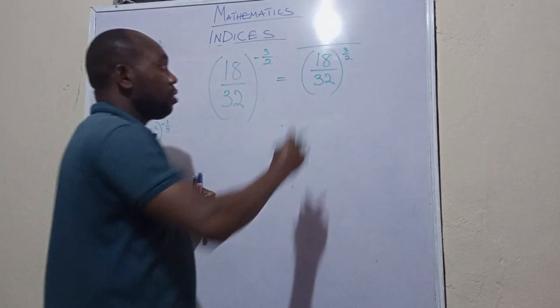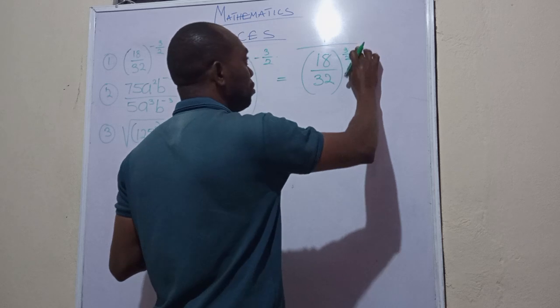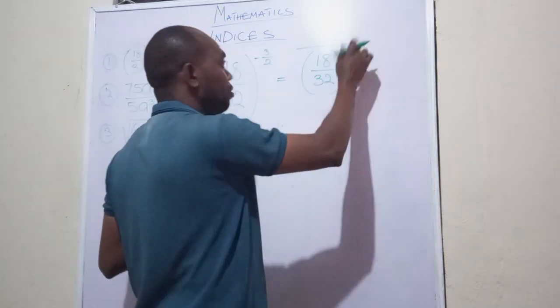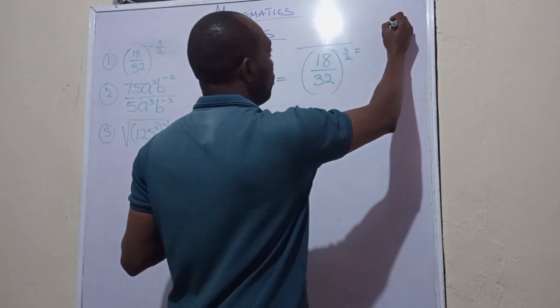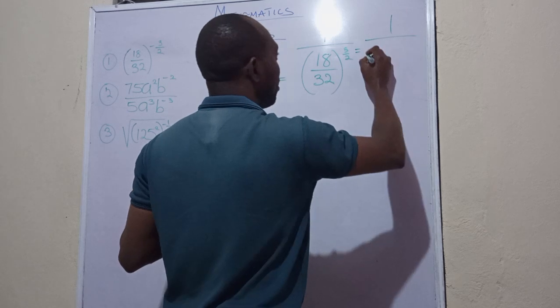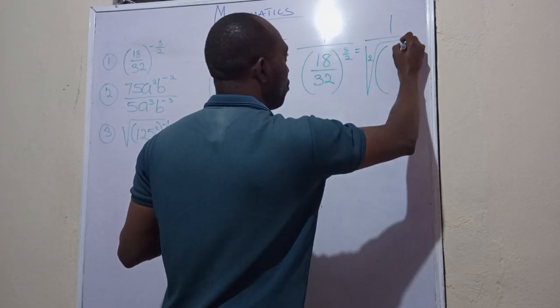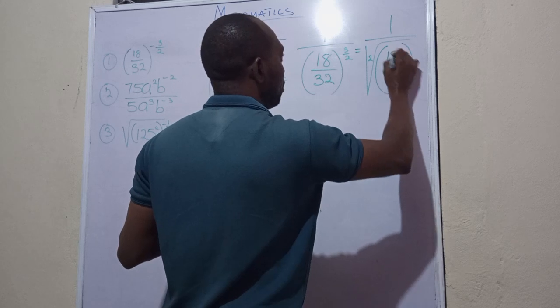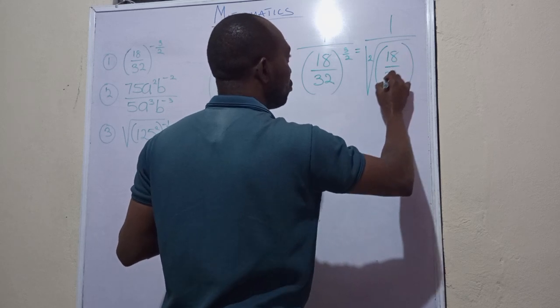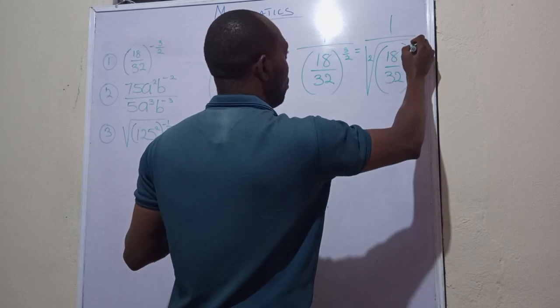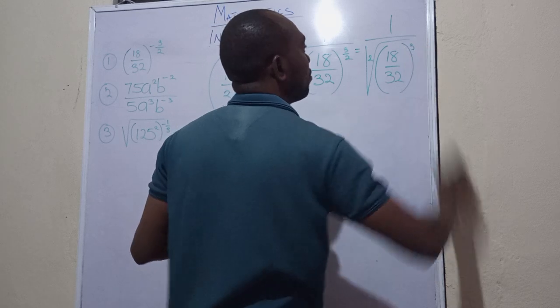Now, this is rule 5. So, we will now have 1 all over the 2 roots of 18 over 32 of 3.